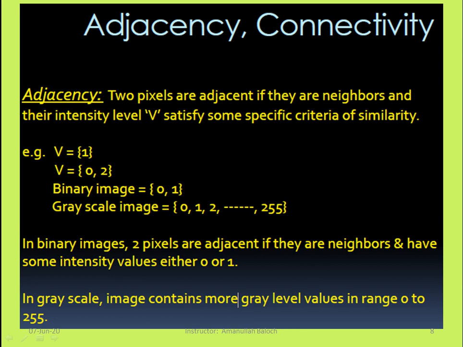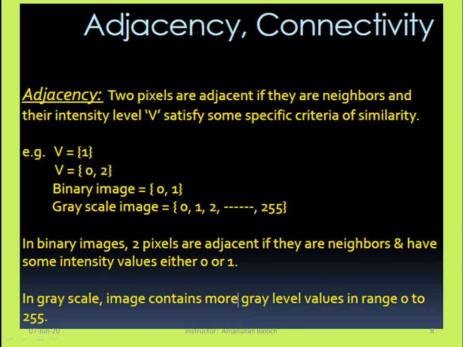If an image is of 200 by 200 pixels, then it may contain 256 different gray shades. In a binary image, 2 pixels are adjacent if they are neighbors and have intensity values either 0 or 1.